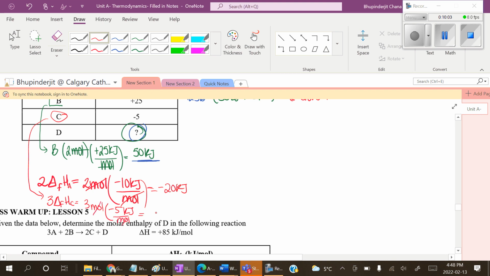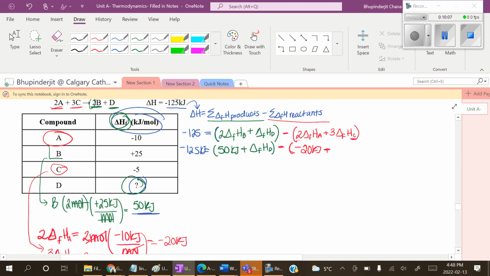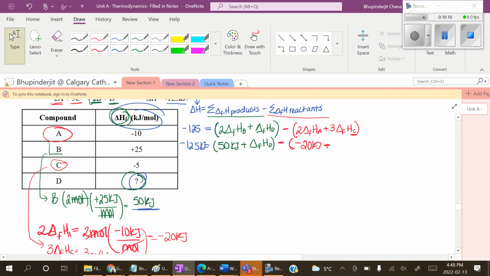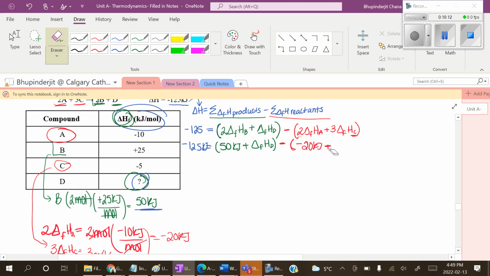Moles cancels out. I'm left with negative 15 kilojoules. So instead of the plus sign, I can put negative 15 kilojoules.